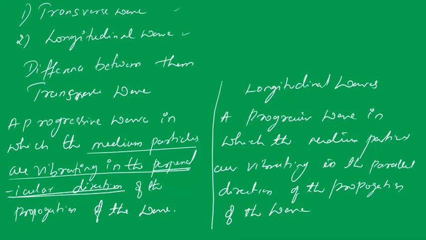So the first difference is that the medium particles vibrate perpendicular in transverse and parallel in longitudinal. That is the first difference you can make a note of.